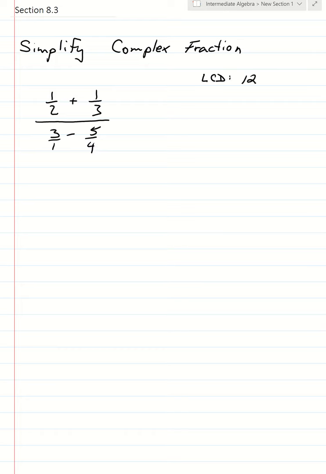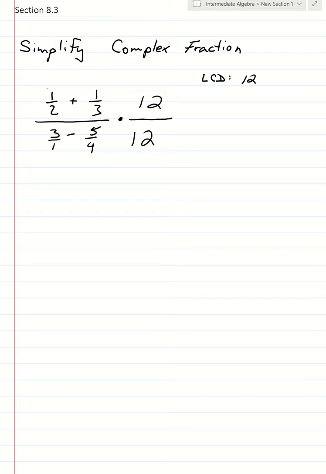12 is the smallest number that is divisible evenly by 2, 3, 1, and 4. There are other larger numbers, 24, 36, 48, 60, but those are all multiples of 12. And what I'm going to do is multiply by the form of 1, 12 over 12.